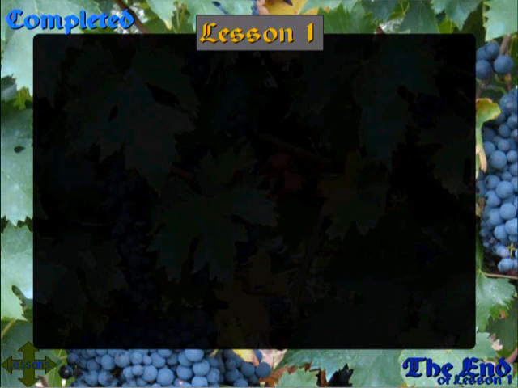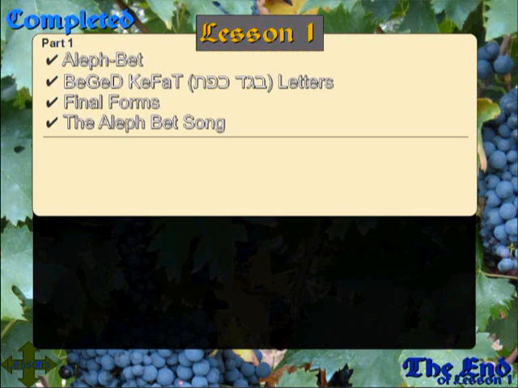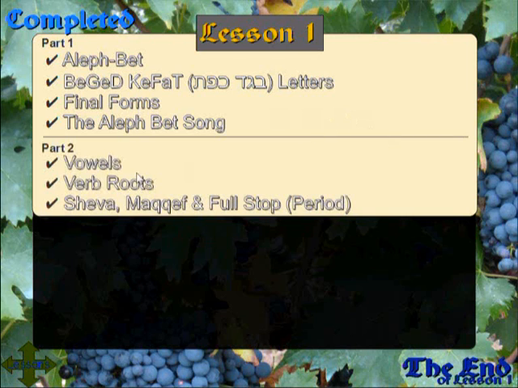Well done. You've completed lesson 1. Hopefully, you've committed to memory the Hebrew alphabet, the bigger Kefat letters, final forms, and perhaps you've learnt the Hebrew alphabet song. That's a nice little jingle, especially for the kids. But it's good for adults too. And in part 2, you have learnt the vowels, verb roots, the Sheva, Maqqef, and the biblical full stop.